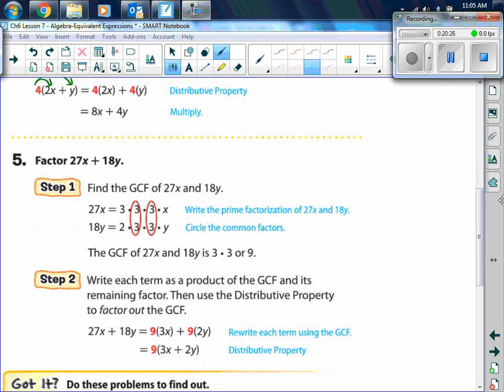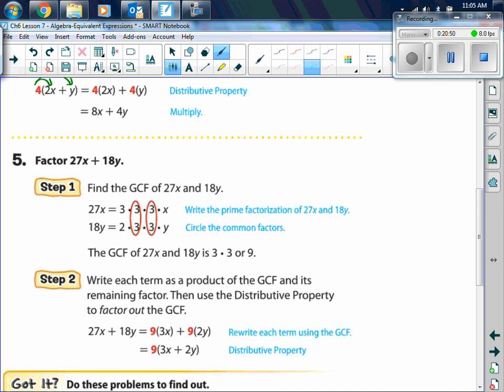The next example is factoring algebraic expressions. Still, it's the same as what we were doing before. So here, we want to see what is the GCF with 27x and 18y. The number that can go into both those numbers is 9, right?